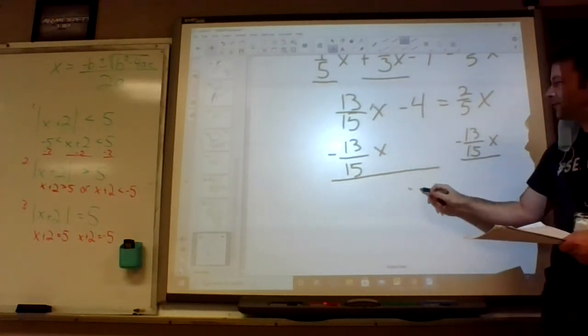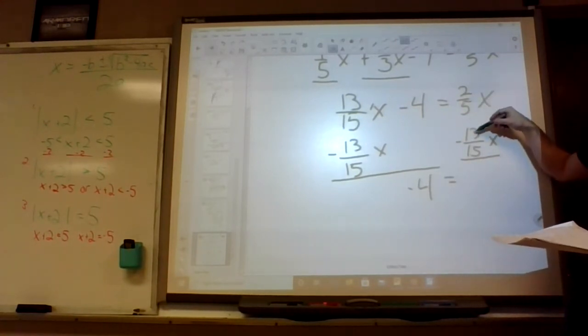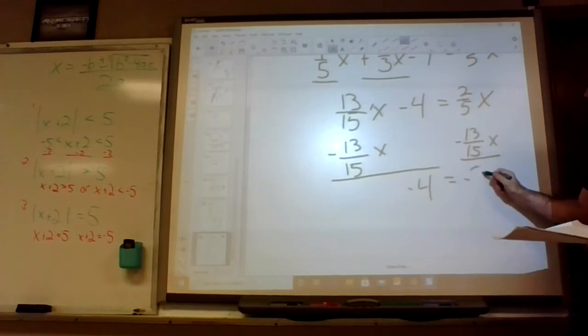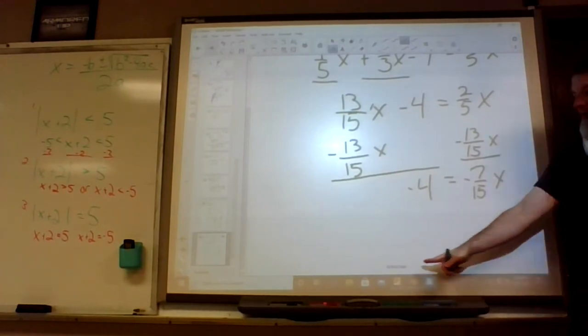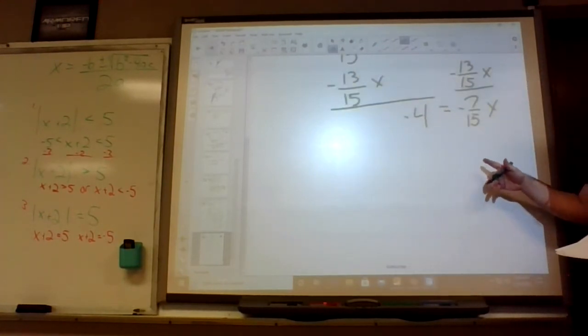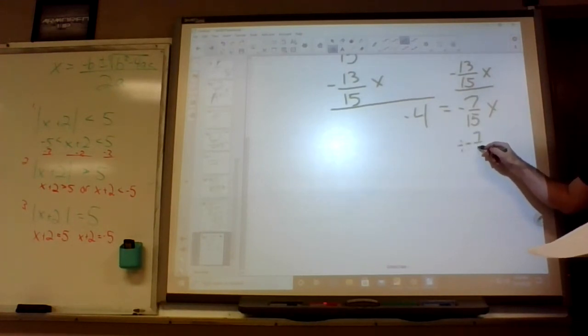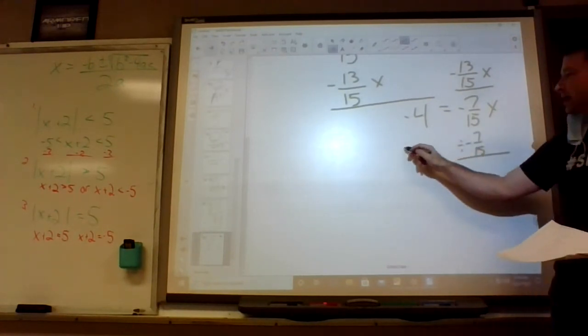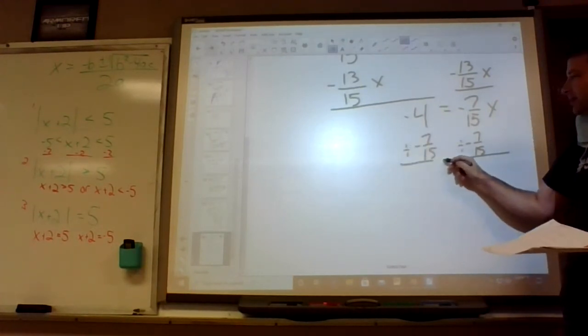Now what? Okay, yeah, if you have x's on both sides, you want to get rid of them on one side. Since I only have x's on the right side, I'm going to get rid of them on the left side. That will make my problem go a little bit faster. You could go the other way. It would be okay. That goes away. I get -4.